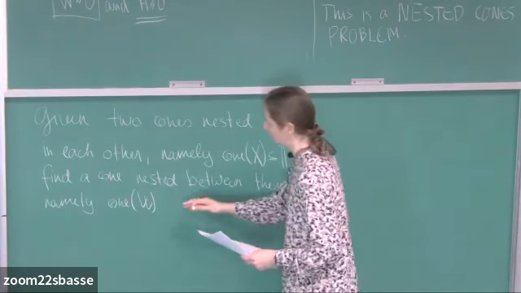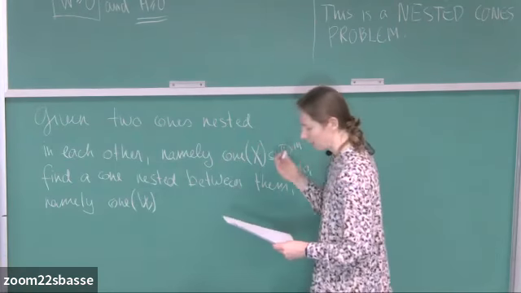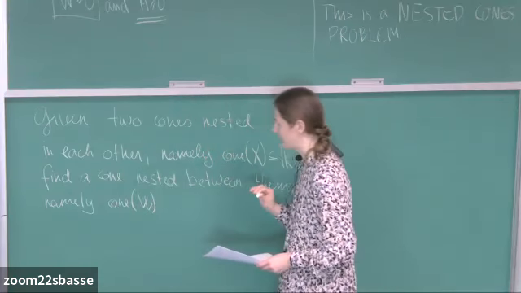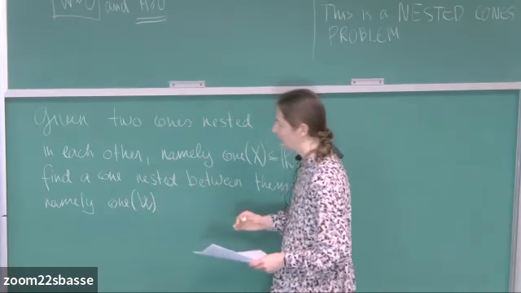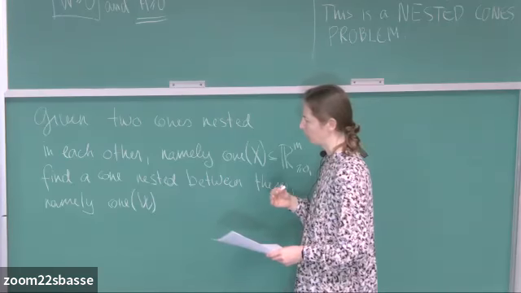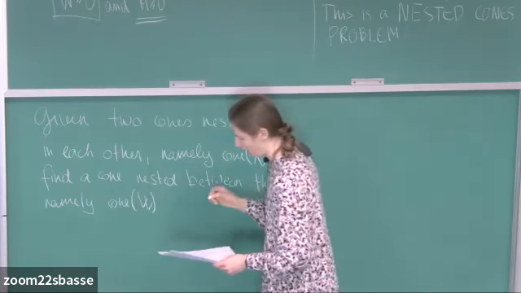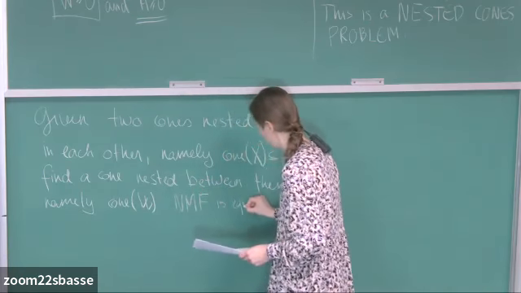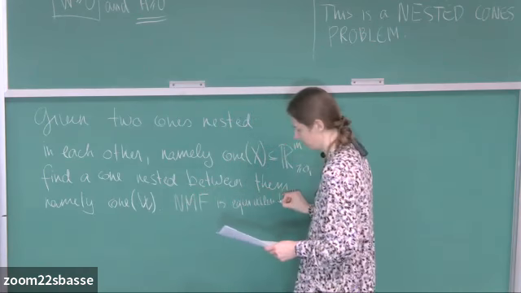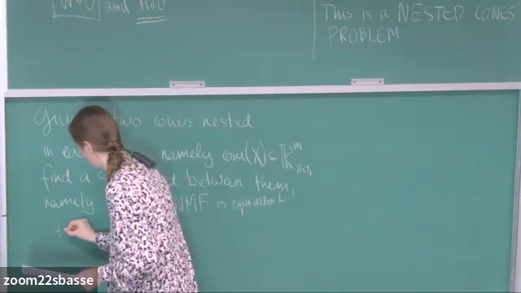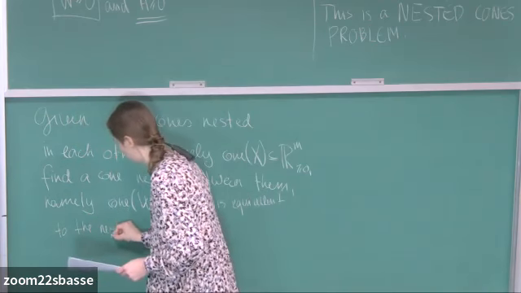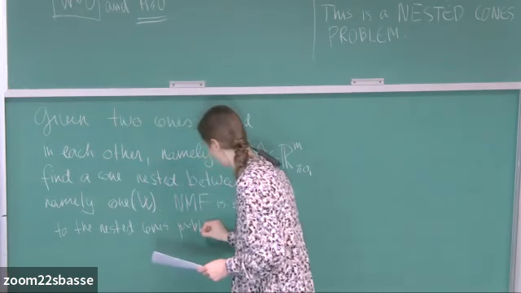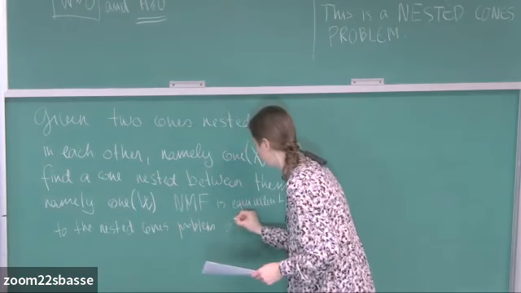Okay, and let me write it in a different way once more. Because right now I said it's equivalent to finding a cone W, or equivalently, we can find some vectors in R^m. So NMF is equivalent to the nested cones problem of finding R vectors.